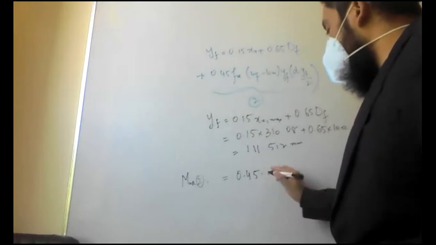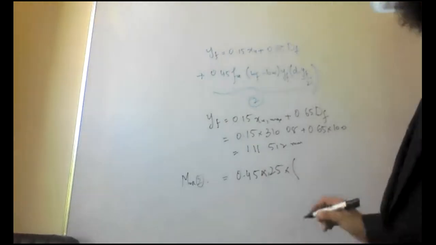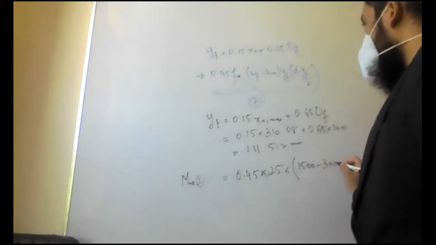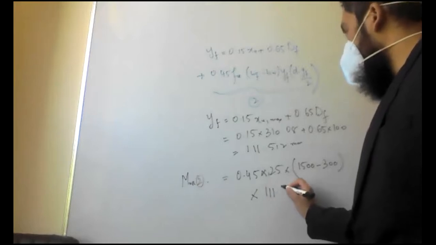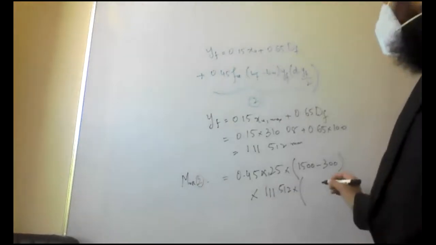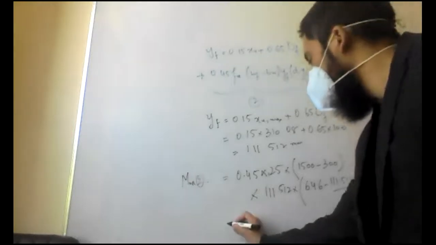FCK is now 25 into BF is 1500, BW is 300 into YF is now 111.512. Your value of D is 646 minus 111.512 divided by 2. So calculate this value.